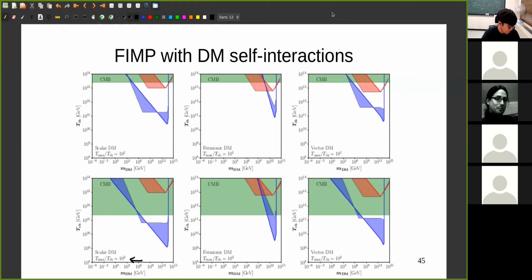In the case of infrared FIMPs, it's complicated, but it's possible. For instance, if you have a light mediator, you can enhance the direct detection possibilities, or if dark matter is very light, because in that sense you're boosting the dark matter number density, right? And therefore, if you go to MeV dark matter, you can use these new techniques of scattering with electrons.